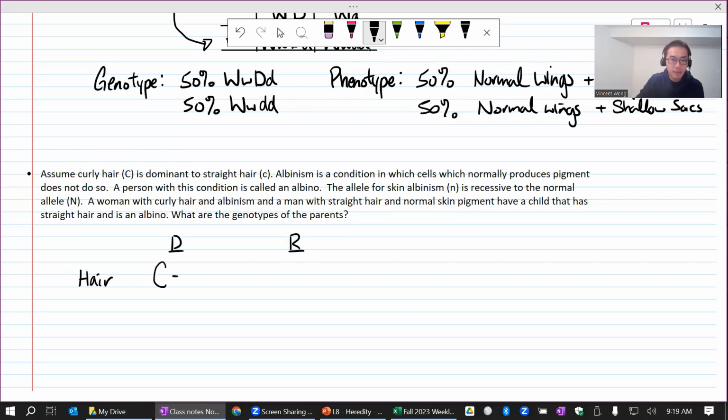Big C is curly, small c is straight. Albinism is a condition in which cells which normally produce pigment do not do so. A person with this condition is called an albino. The allele for skin albinism, so this is for skin, is little n, which is recessive to normal allele. So big N for normal skin, small n for albinism.